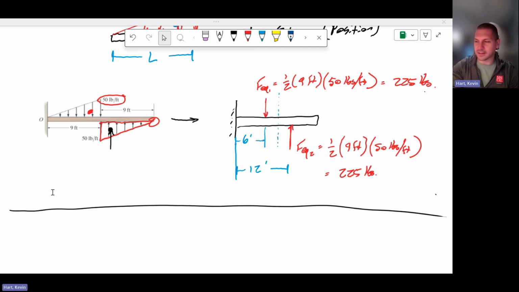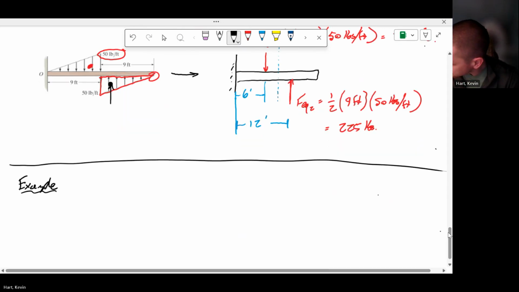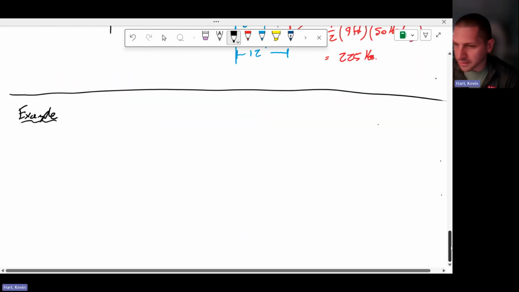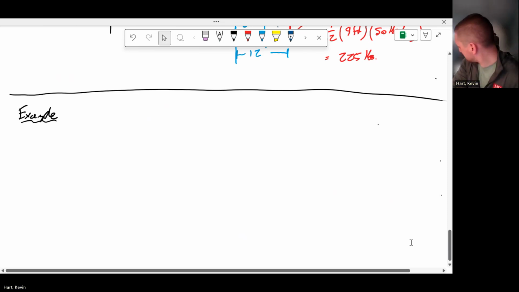Let's go on and look at an example that kind of utilizes this conversion of distributed loads into point loads. I'm going to pop this into the slides here really quick. This is the example from page 8 on the deck.